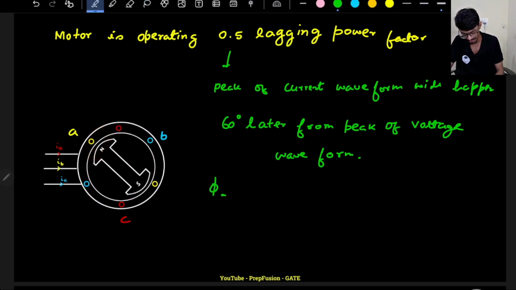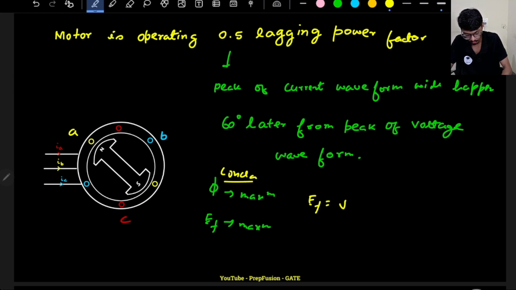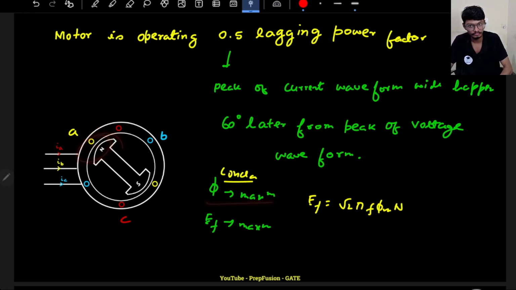When flux is maximum, right? Because my Ef is equal to root 2 pi f phi m N. This we already know. So voltage is directly proportional to the flux. So for this conductor A, when the flux is maximum, then the voltage is maximum, right?